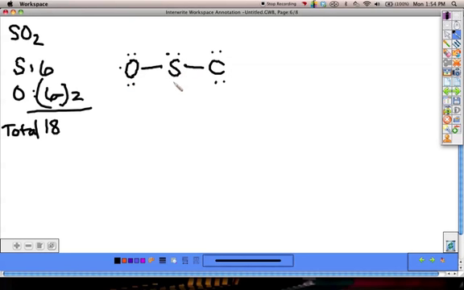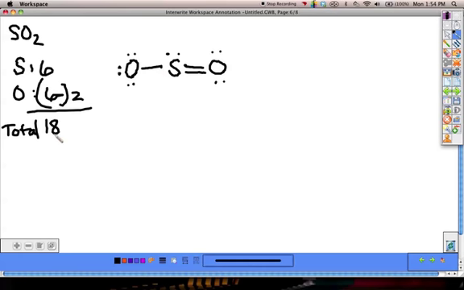One of my electrons from this bond down here that I erased is going to bond with the one that was over here. So now my sulfur has 2, 4, 6, 8, and the oxygen has 2, 4, 6, 8. Well, that other electron that I erased from down here is going to jump over to the oxygen. So now this oxygen has 2, 4, 6, 8.